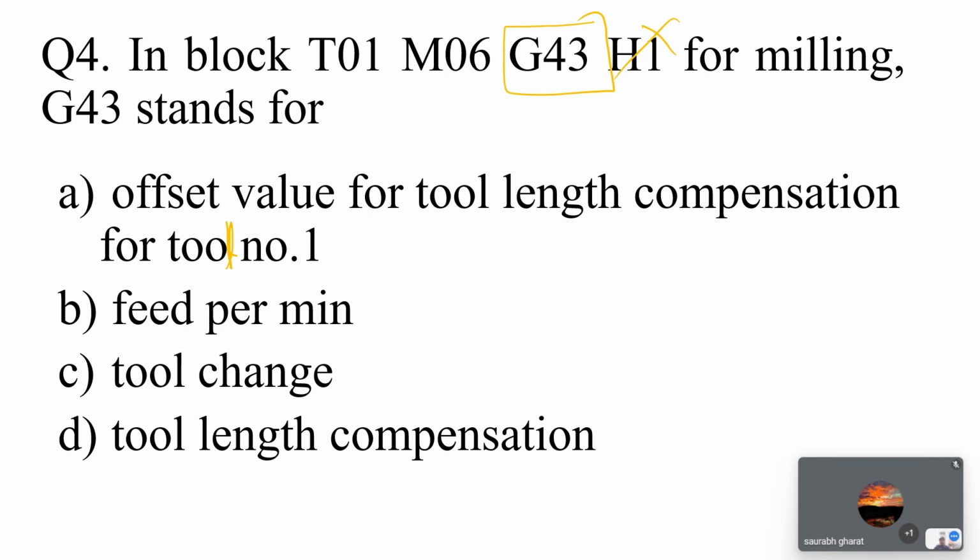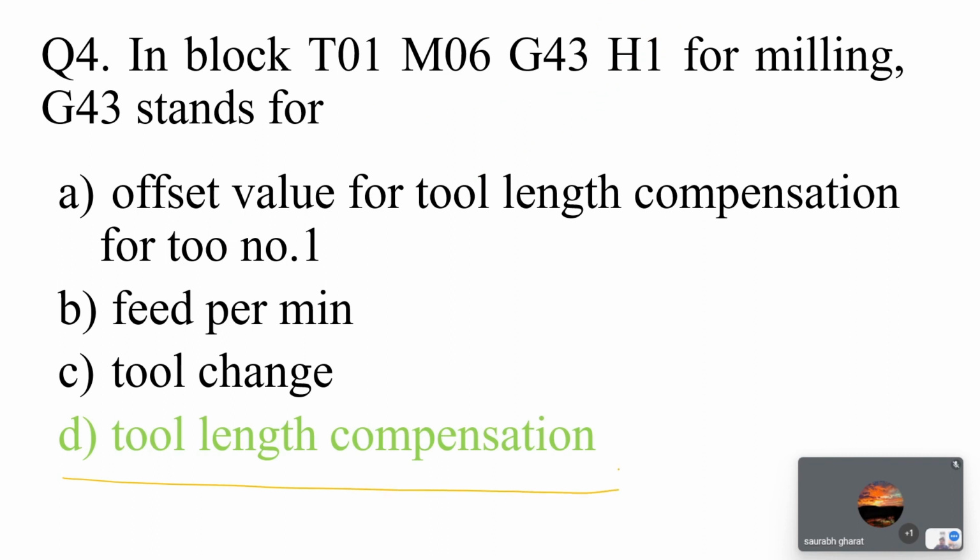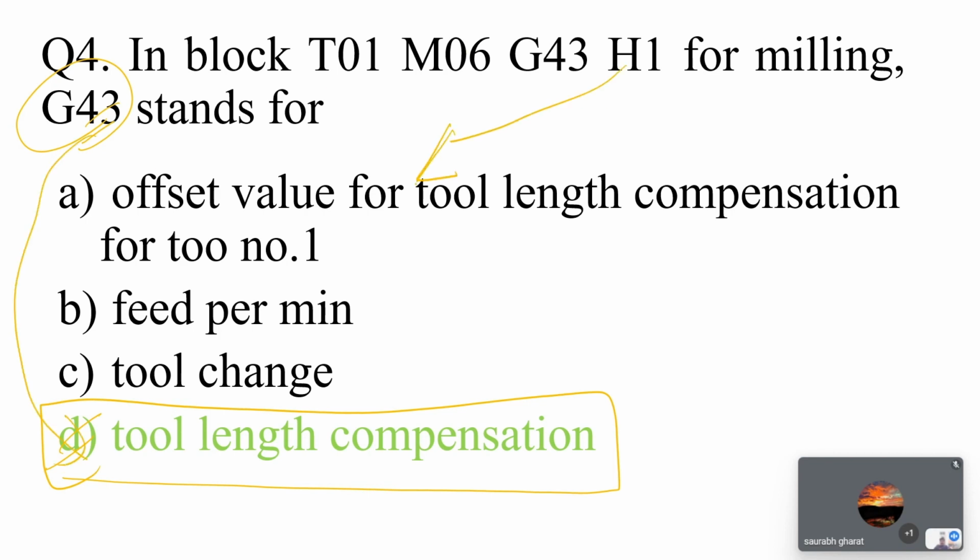You can see that when we give H1, tool value for tool length compensation applies only when you have that command active. So G43 must be equal to your tool length compensation command, and that is the only correct answer. The value is given using H, and the command that can be activated using G43.